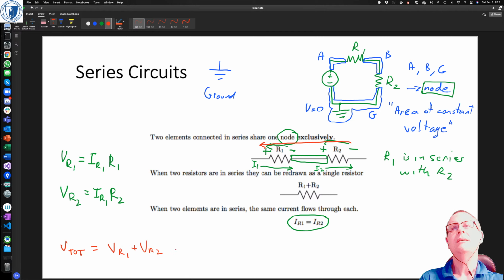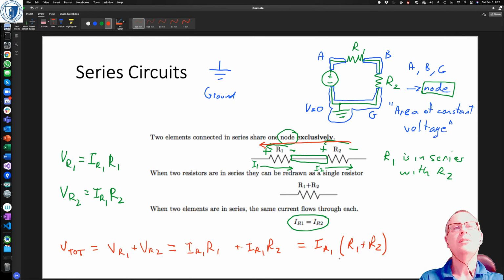Right? So that means that V total is equal to I R1 plus I R2, and we can rewrite that as I times the quantity R1 plus R2. Right?